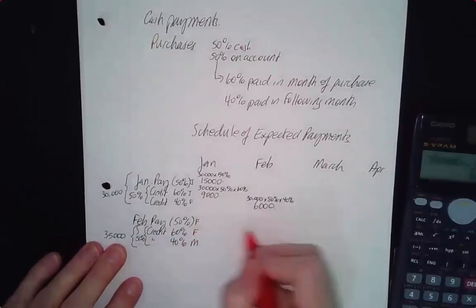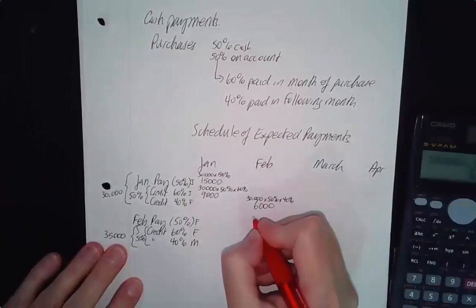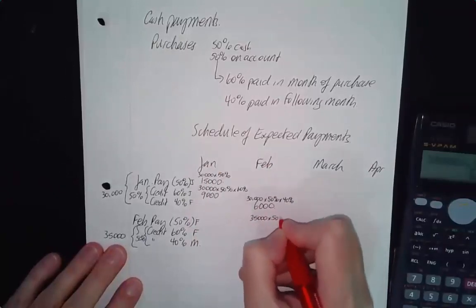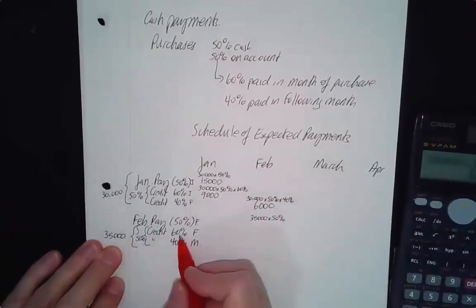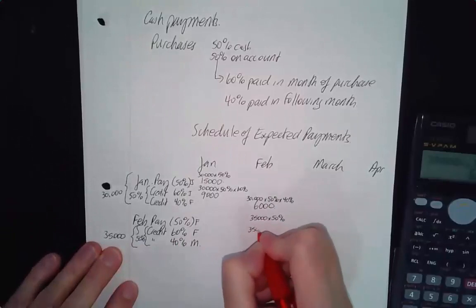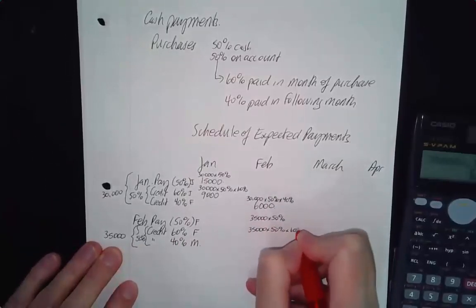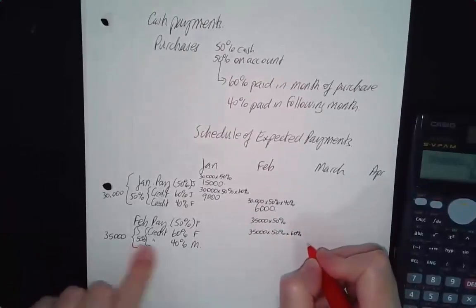And don't forget, February to February. I'm not going to make the same mistake. February to February. So this is 35,000 multiplied by 50%. Then February to February, 35, 50, 60. Then March to March, it's going to be 35, 50, 40.